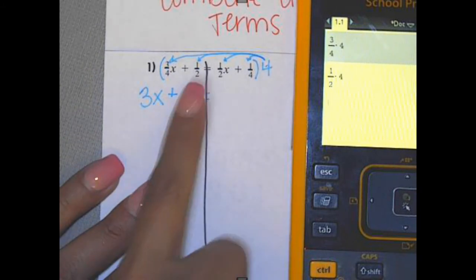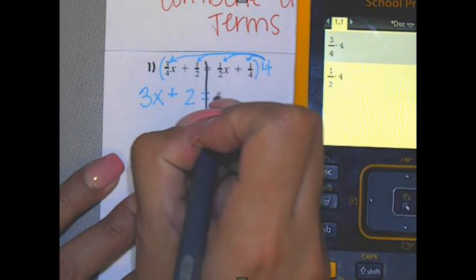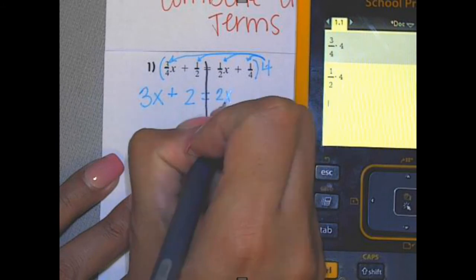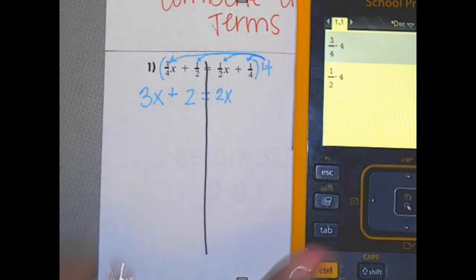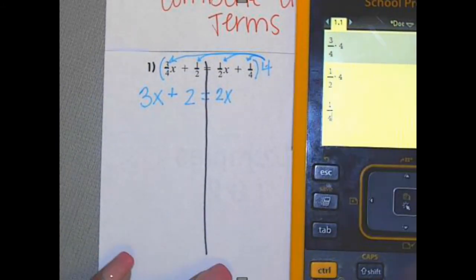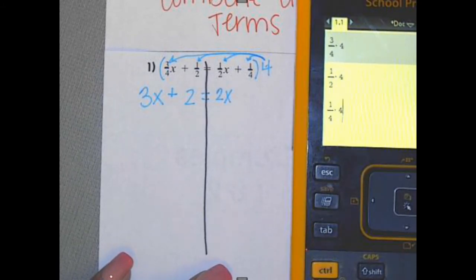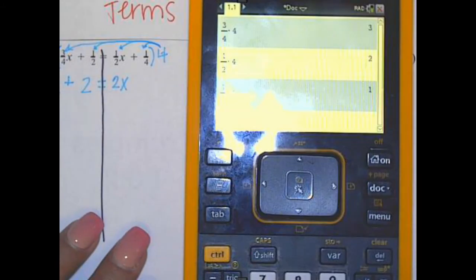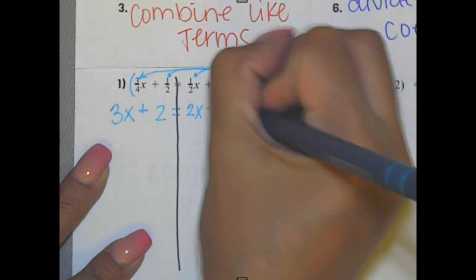Equals, okay, we just did 1/2 and we got 2, and those have x's on them. And then I need to do 1/4 times 4. Okay, when I do that, I get 1. So I'm going to put plus 1.